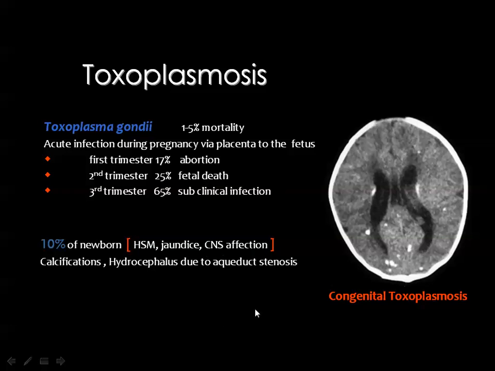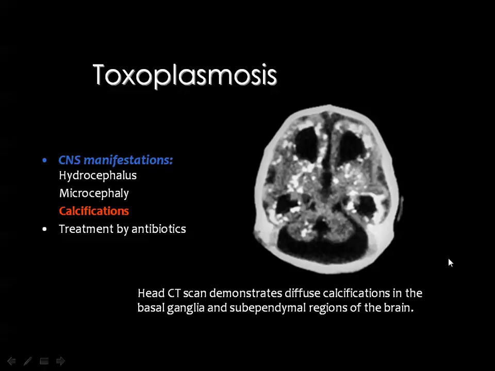And the CNS manifestations include the presence of calcium around the ventricles, as you can see, and sometimes you have hydrocephalus, which is usually assumed to be due to associated aqueductal stenosis. And this is extensive periventricular calcification, and you may see that calcium is present in the basal ganglia as well as in the subependymal area.